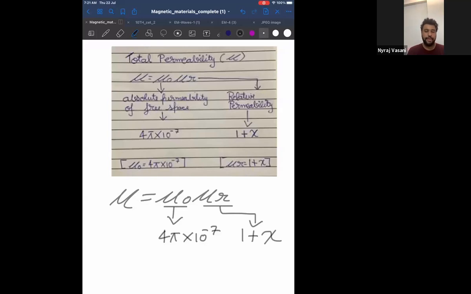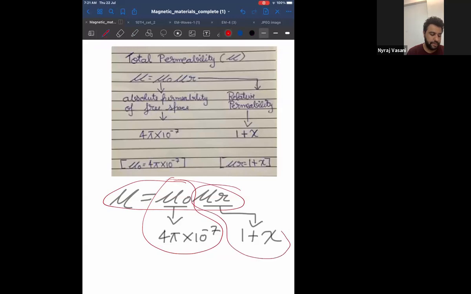Therefore, if you notice, there are three formulae on your screen. This is the first formula, this is the second formula, and this is the third formula. Mu is equal to mu naught into mu r, where mu naught is 4 pi into 10 power minus 7, and mu r is 1 plus xi. So on this page, the topic is total permeability mu.